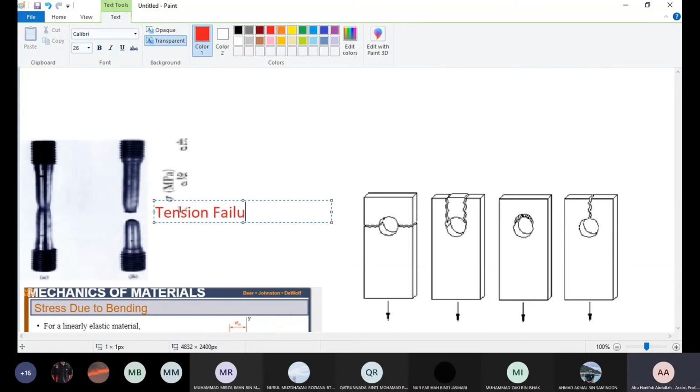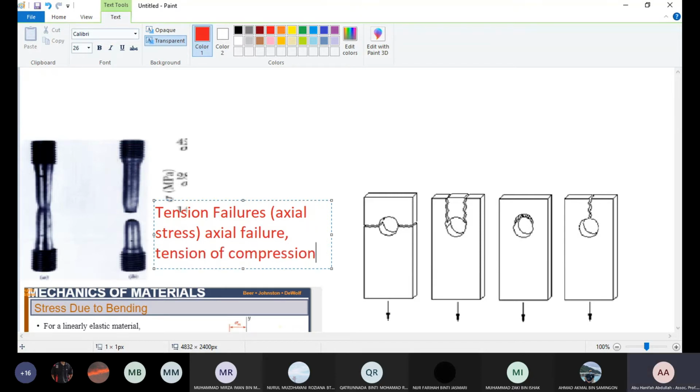The stress will cause the material to fail. This one is axial stress, which gives you the axial failure, either tension or compression. What you saw is tension. So the part will break after you apply the force.